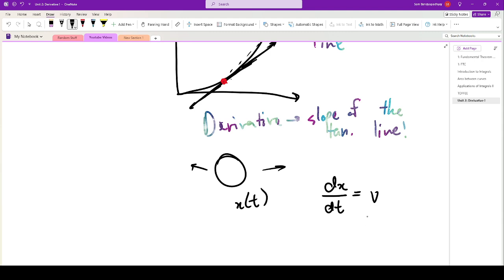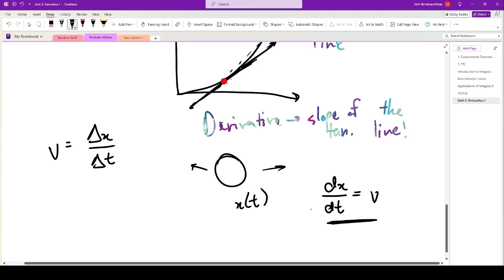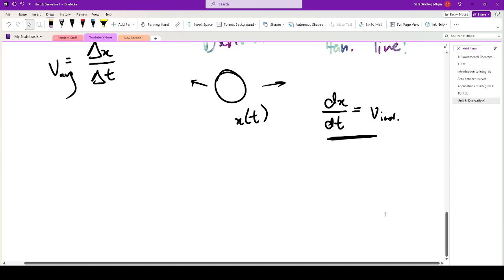You might have seen this formula: velocity is change in position over change in time. This is just that stated more accurately. That would be an average velocity, whereas this is an instantaneous velocity. So it can be used in physics contexts to get you your velocity.